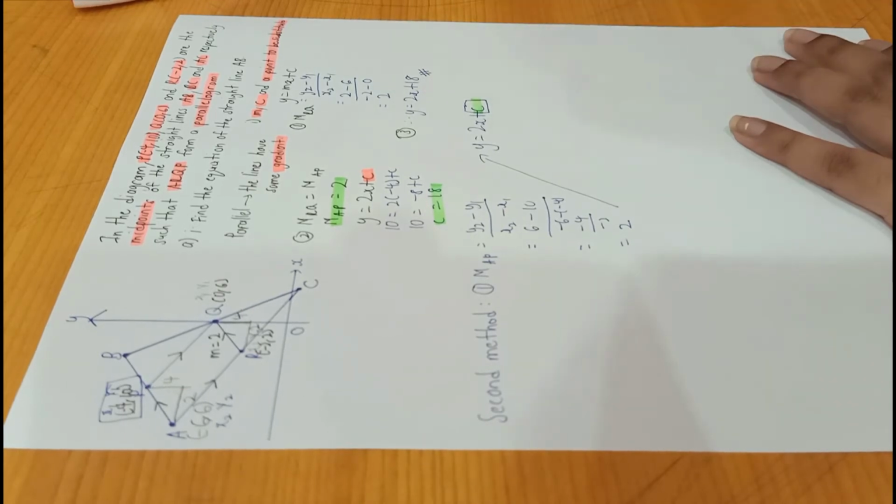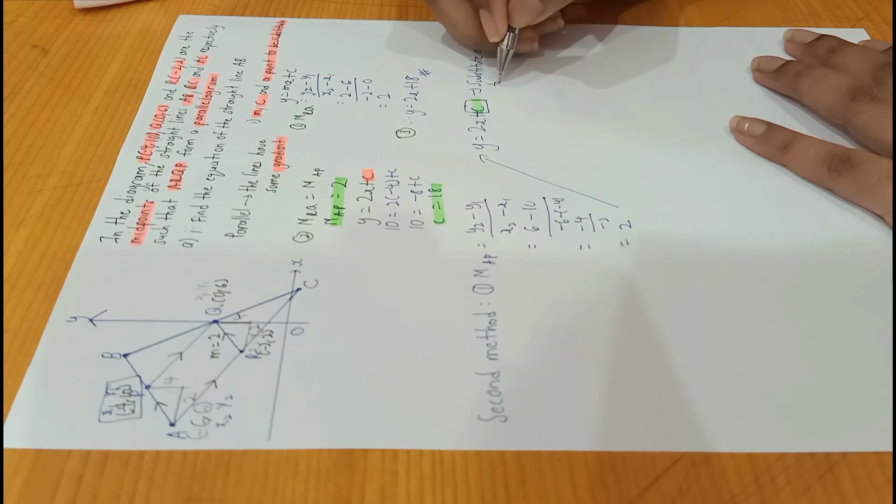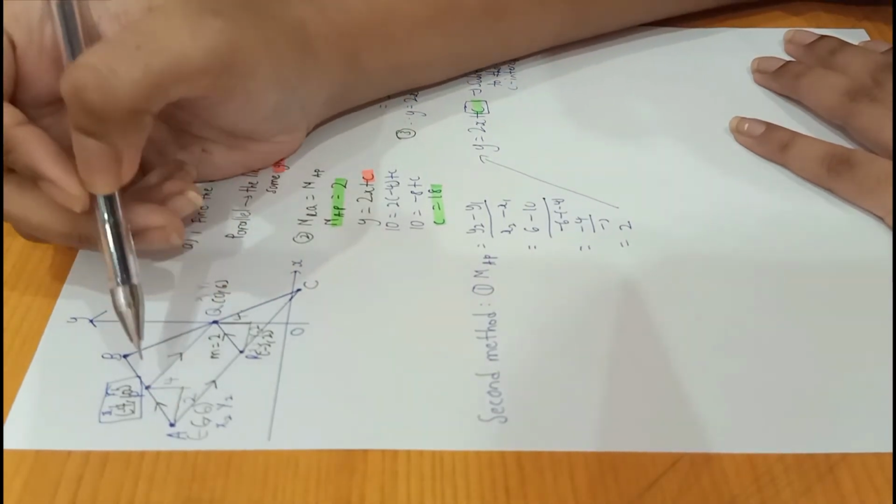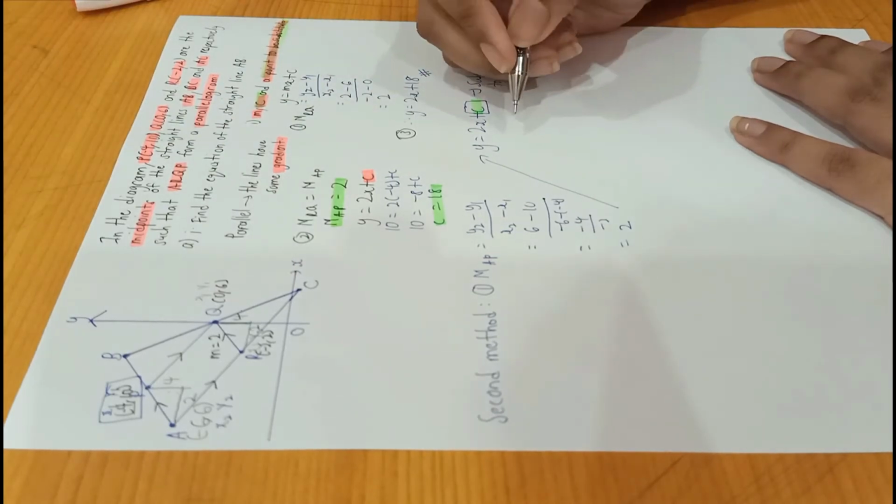So we need to substitute a point to get the c-intercept, which I told you just now. Based on here, we have 2 points and we can take any of them.